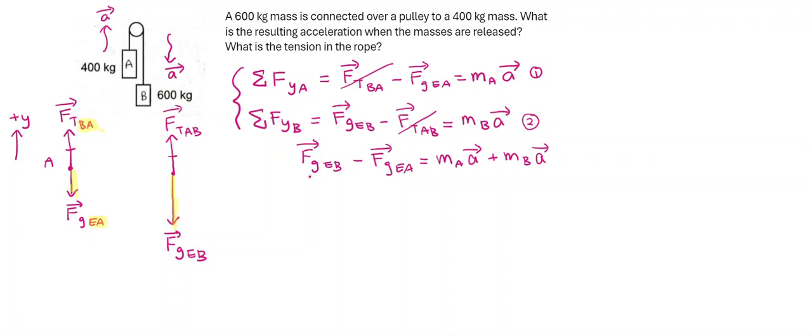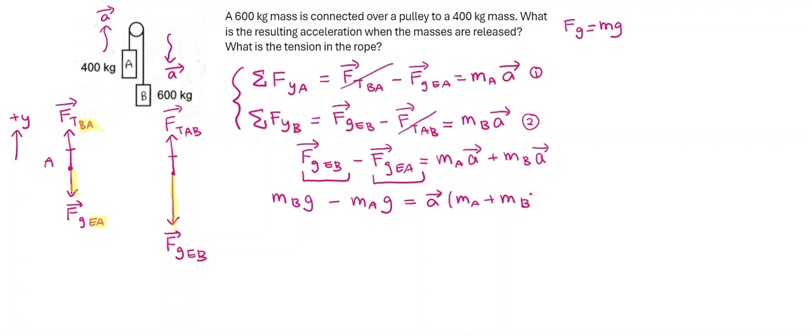What we're going to do now is expand these and put it into terms where we can actually substitute values in. We know that gravitational force is just mass times gravity. So this is going to be the mass of B times 9.81 minus the mass of A times g. And here I'm going to factor out a because we're trying to solve for a, so this is going to make it easier to isolate.